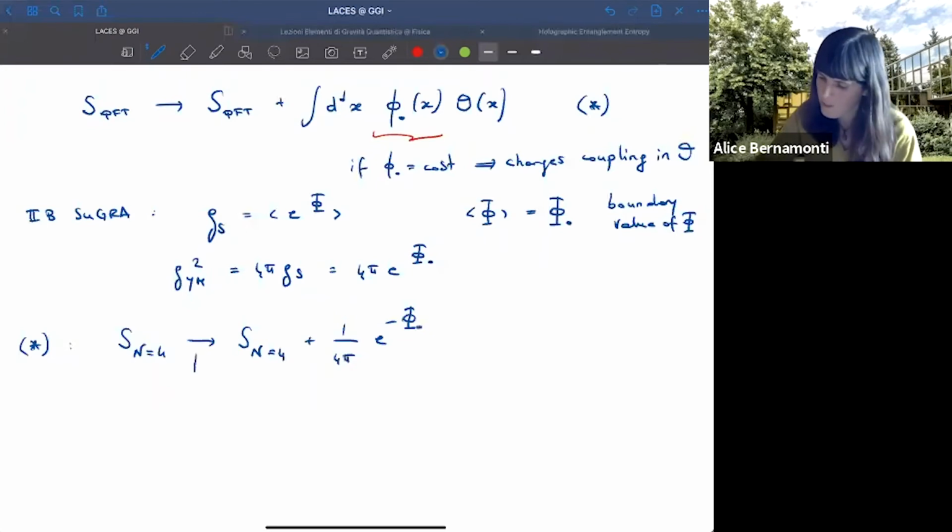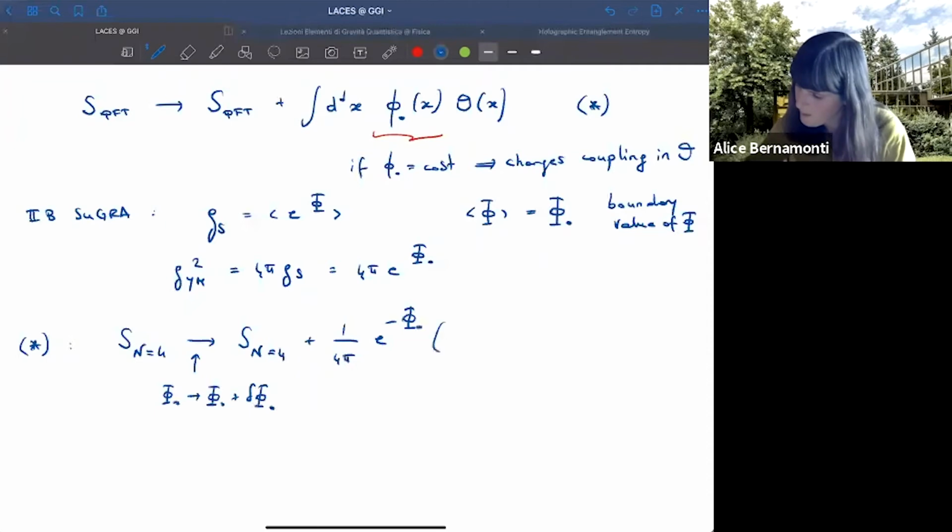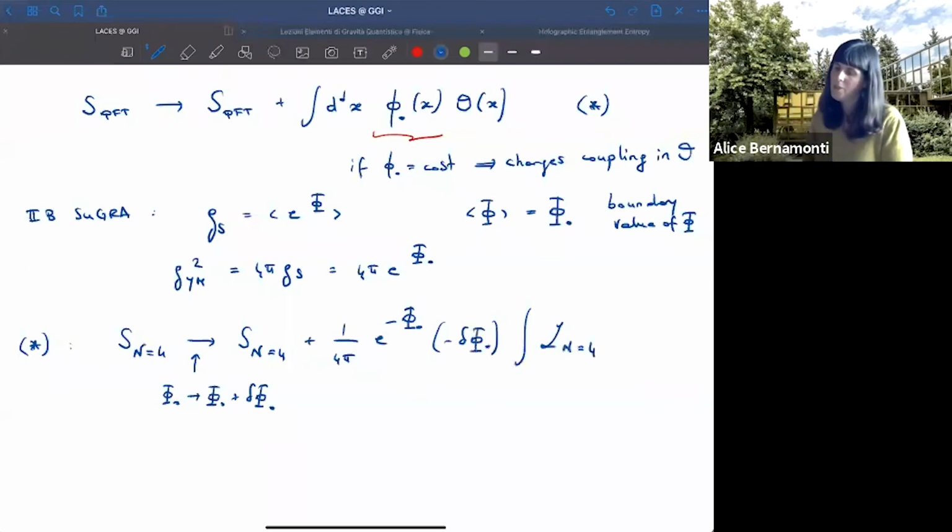Essentially we go from phi naught to phi naught plus delta phi naught, and thus the action changes in this way to first order, and then we have again the integral of the N=4 Lagrangian.